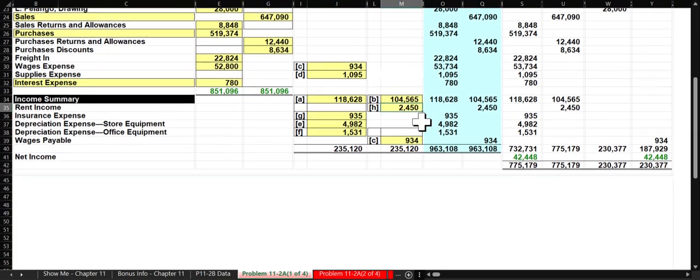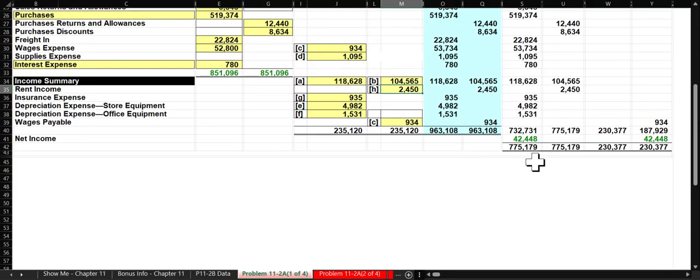Notice then that the net income has changed. Recall that it was over $63,000, and now based on the adjustments, it is down to 42,448. This does not mean that adjustments will always decrease your profit.